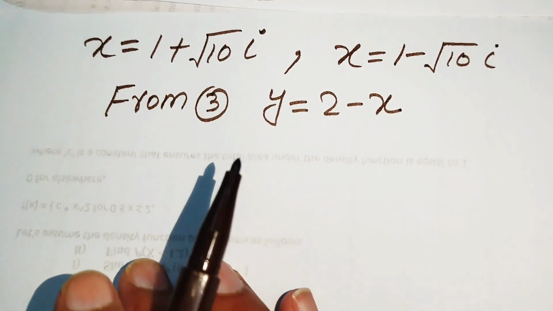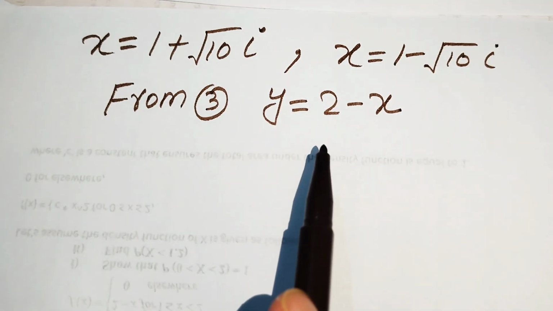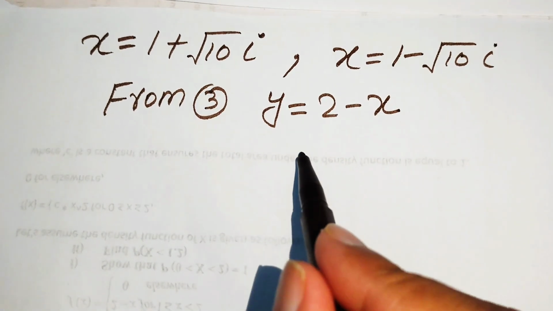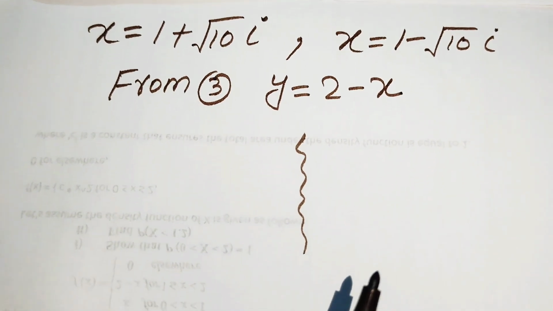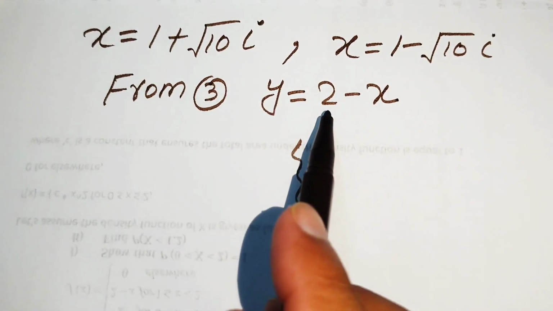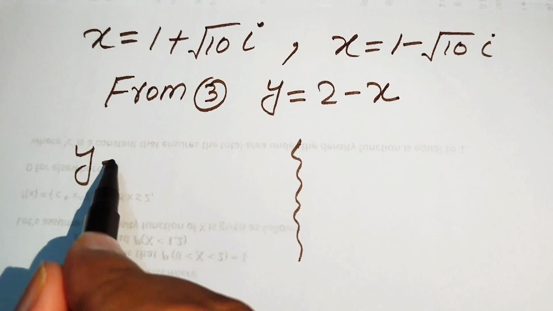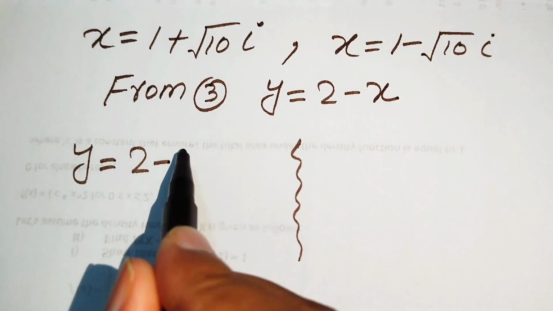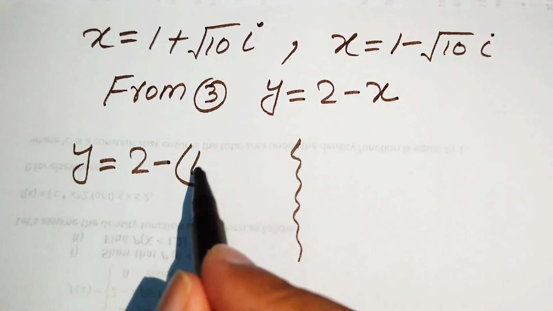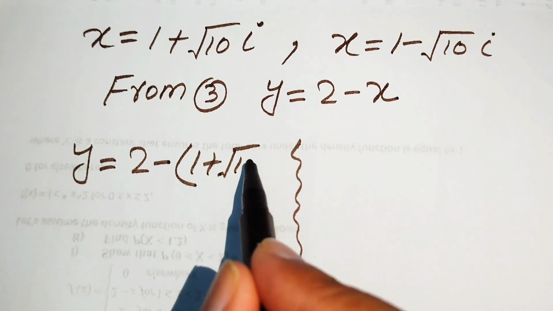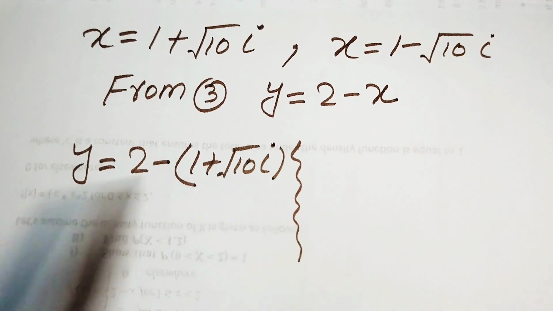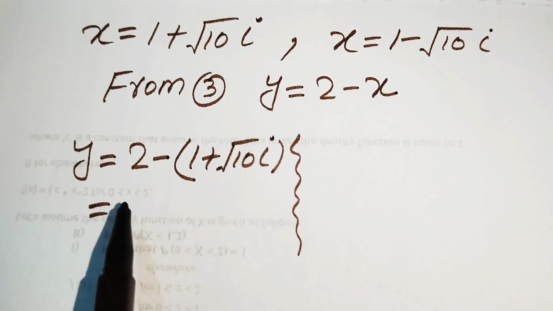And now we substitute these two values of x in this equation and we find the corresponding values of y. So first we put this value of x here and we get y equals to 2 minus x, and over x is 1 plus square root of 10 into iota. And now we need simplification.